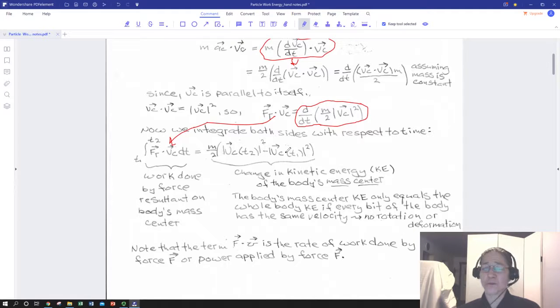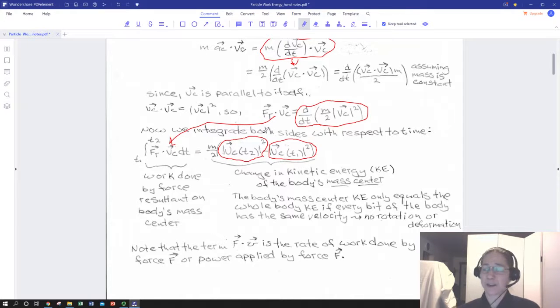We don't have to know what all the velocities were in between those two times, and this is the fact that we have only the endpoints to worry about. The mass hasn't changed. If I know my velocity at the first time of interest and I know my velocity at the second time of interest, I don't have to care about what happened in between.